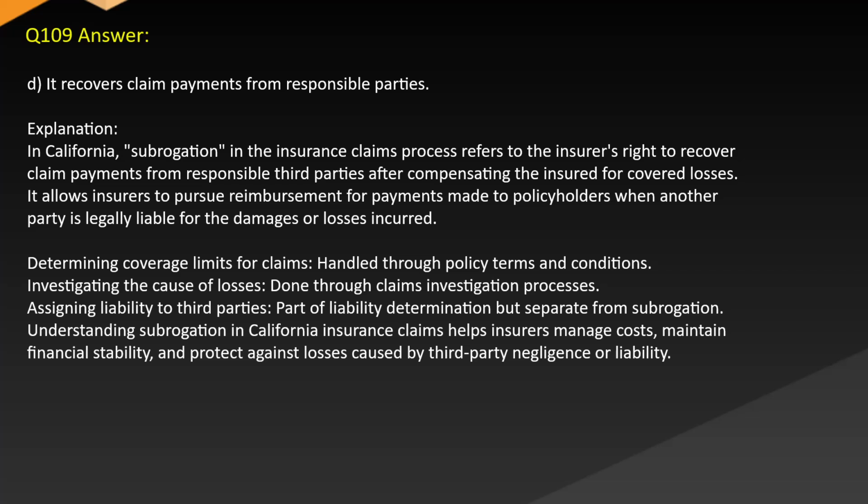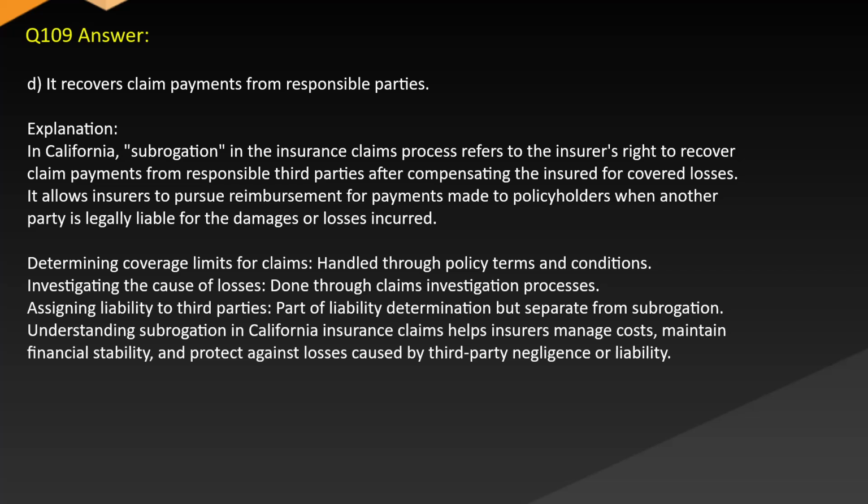Explanation: in California, subrogation in the insurance claims process refers to the insurer's right to recover claim payments from responsible third parties after compensating the insured for covered losses. It allows insurers to pursue reimbursement for payments made to policyholders when another party is legally liable for the damages or losses incurred. Determining coverage limits for claims handled through policy terms and conditions.